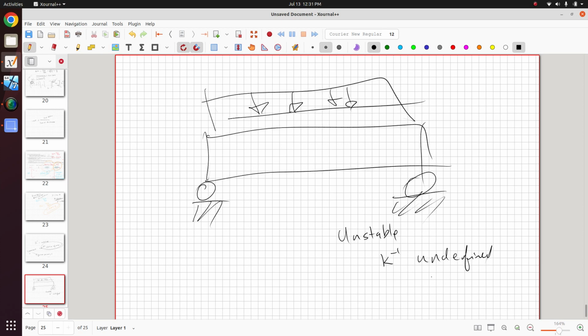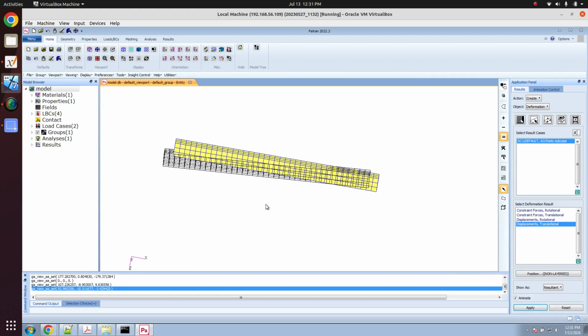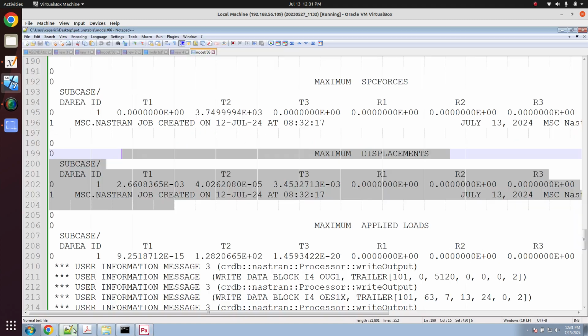So there is not a unique solution. But when you use PARAM BAILOUT, it still forces the algorithm to find a solution, one of many solutions. So that's what that one of many solutions looks like. So I wanted to point that out.